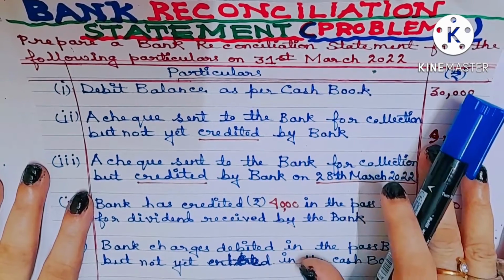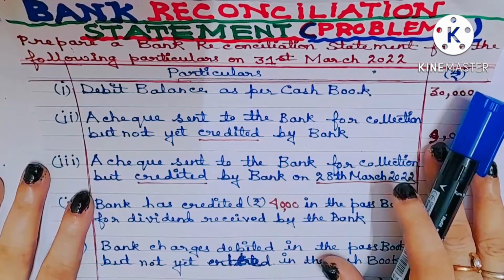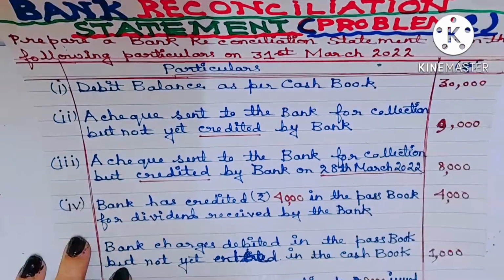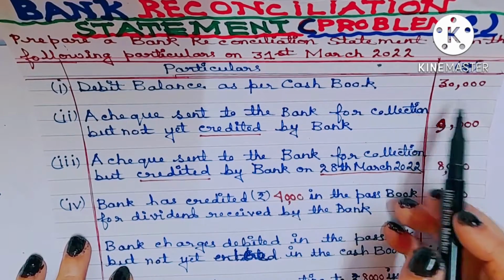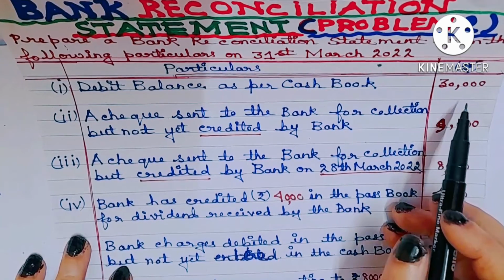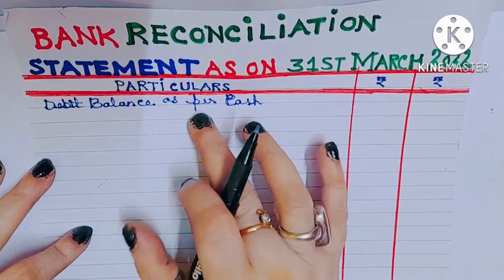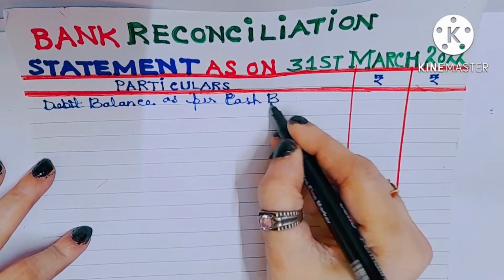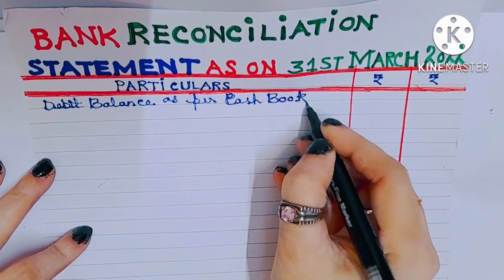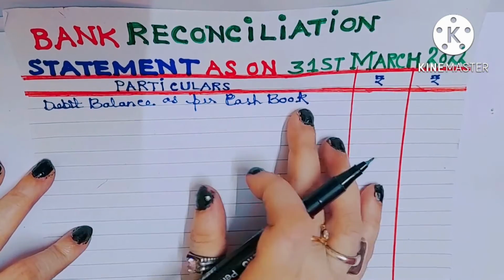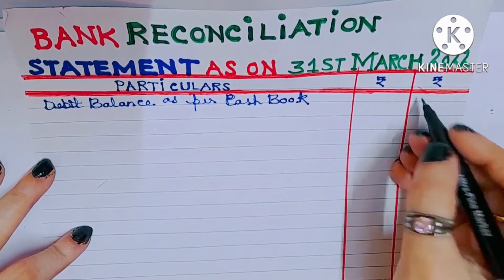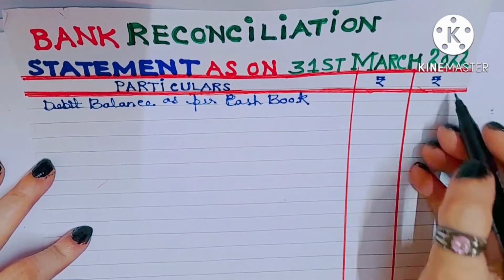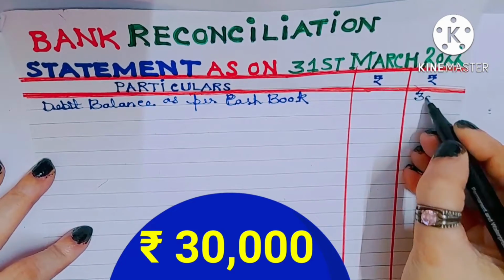Okay, understood? Now let's go through the problem. So number 1, debit balance as per cash book 30,000. We can write debit balance as per cash book or bank balance as per cash book. Both are right. Debit balance as per cash book means favorable balance as per cash book. So the amount will be written in the second column or the outer column, 30,000.